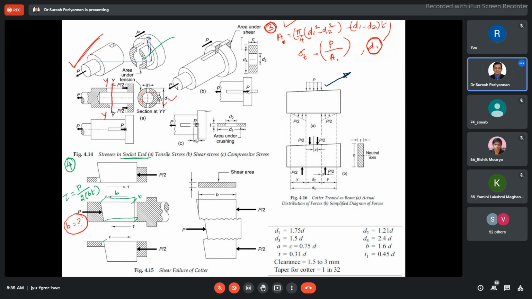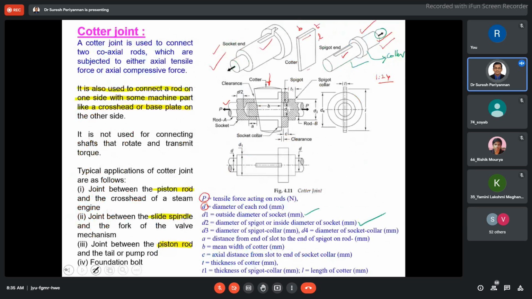I will show you the 3-dimensional view, then you can easily understand. Here, on this side, the uniform force is acting. Uniform force is distributed between the spigot and the cotter.